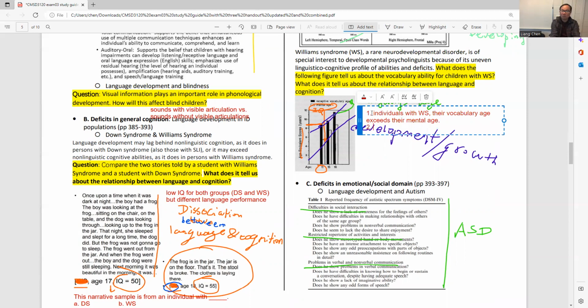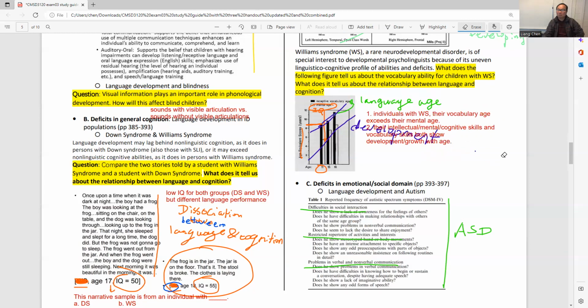What is mental age? It means the intellectual, cognitive skills. And cognitive skills and vocabulary skills both show development, both show growth with age.